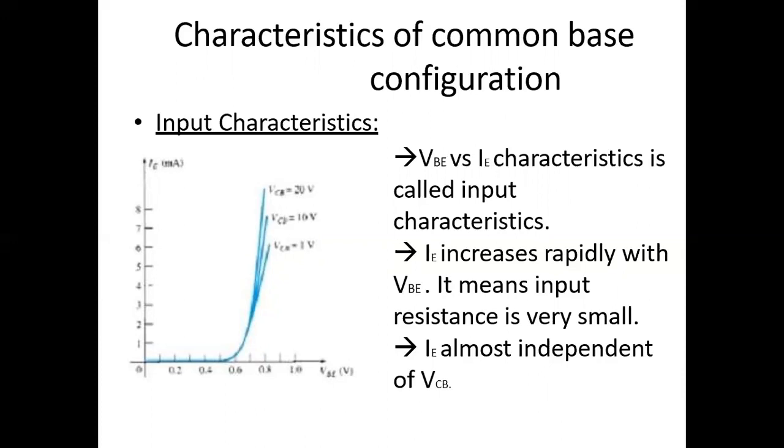It means the input resistance is very small, because the input circuit is in forward direction. IE is almost independent of VCB. The emitter current doesn't depend on the collector-base circuit; it is only dependent on the base-emitter circuit.